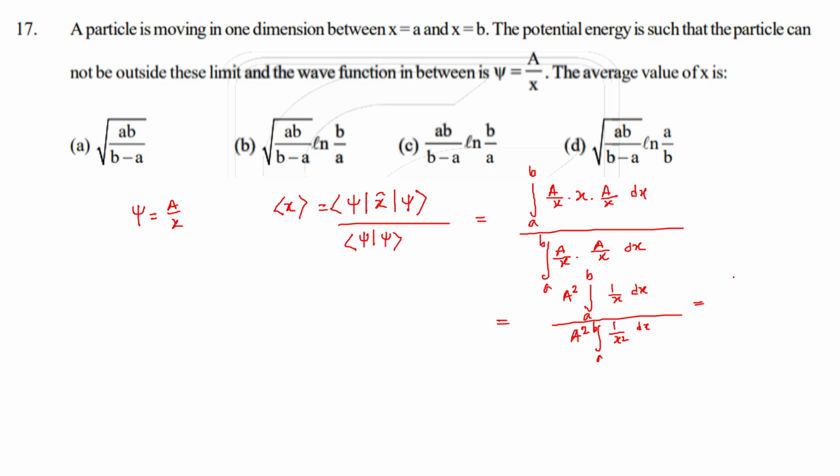The integral of 1 over x is ln x, and 1 over x square is x to the power minus 2, which leads to x to the power minus 1 divided by minus 1, from a to b.